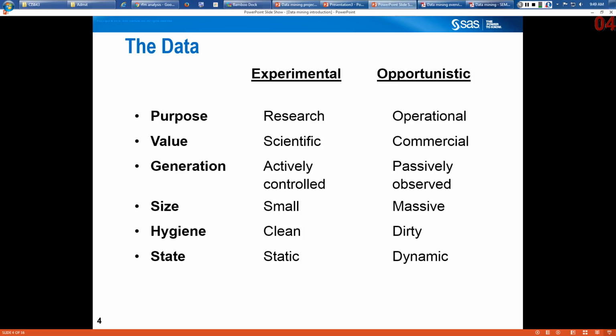It's kind of dirty data. They still have to use it. And the research data is most of the time collected once and analyzed, whereas for the opportunistic data miner, data is coming in all the time, and it has to be observed and analyzed as it comes in.